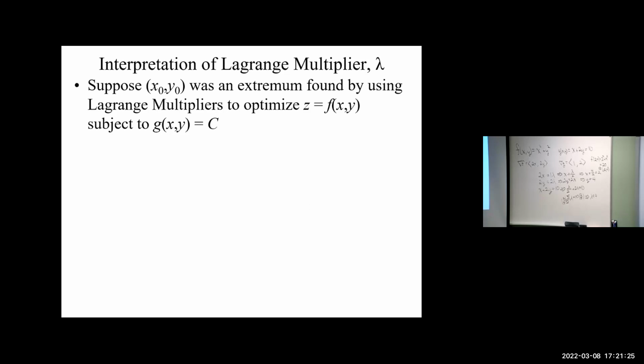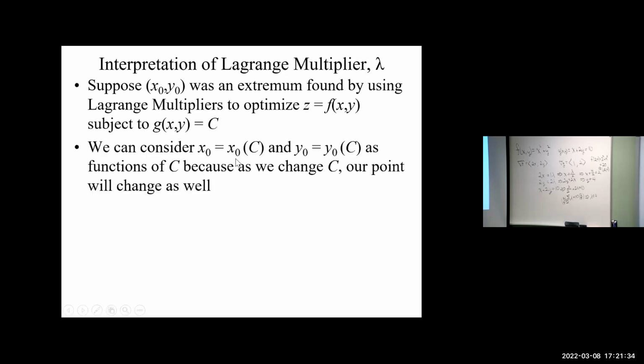All right, so suppose x0, y0 is an extremum found by Lagrange multipliers, like the (2, 4) that we just found. We're going to consider that point as a function of our constraint, because if we change our constraint, then the place of the optimum value is going to change, right?